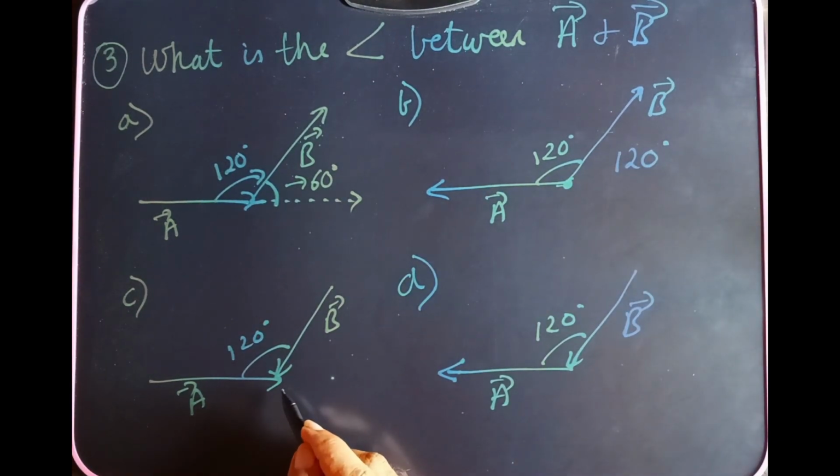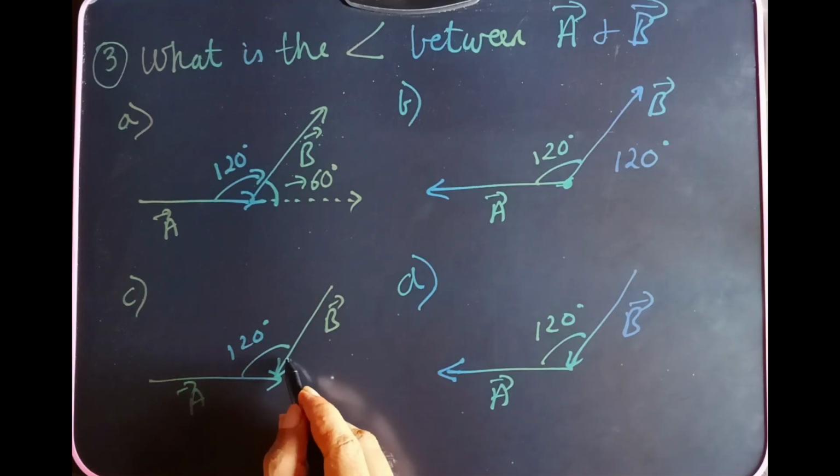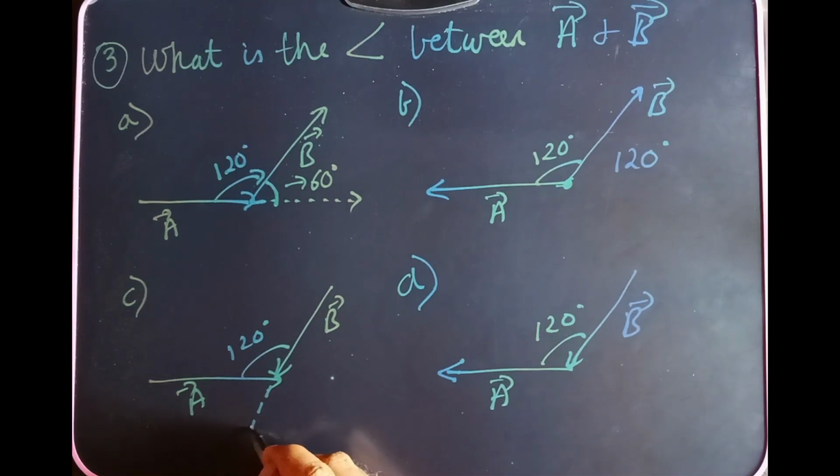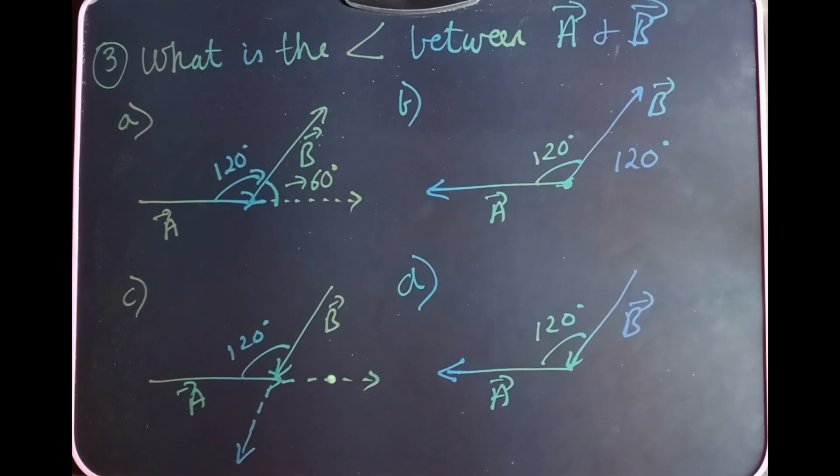Here the tails are not meeting. So how do we get the tails to meet? The tails can meet if we extend B further like this, and A also we extend further on the right like this. So this will be the angle, 120 degrees.